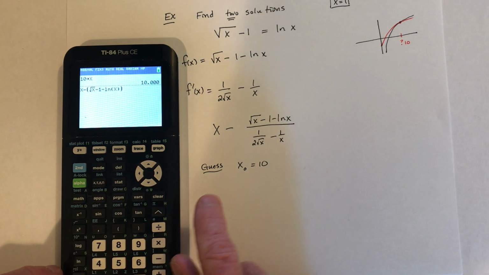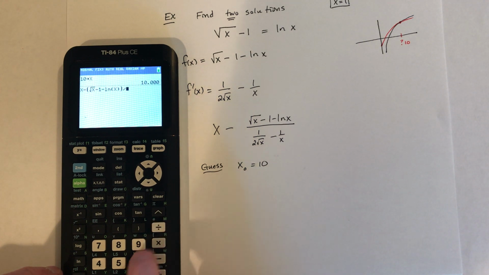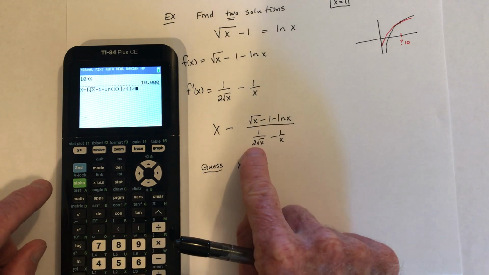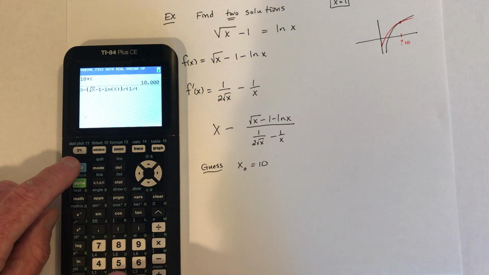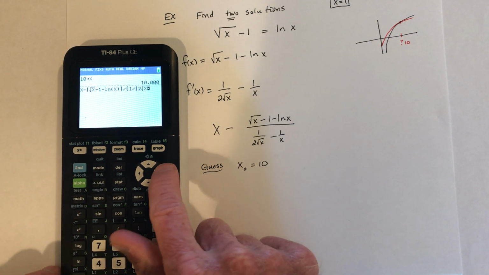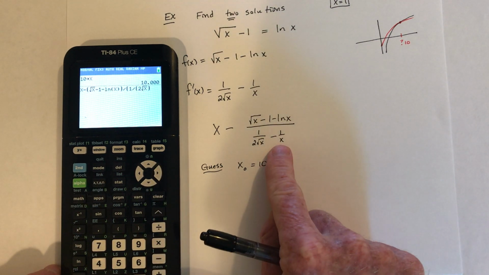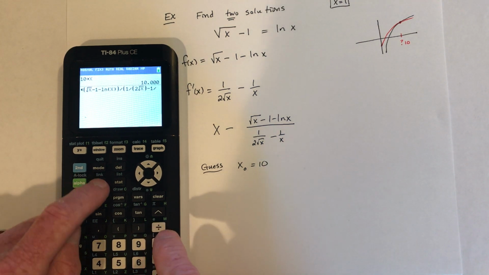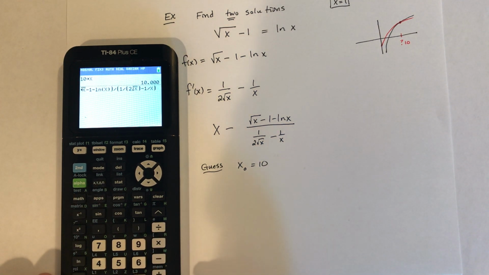So all of that numerator needs to be in parentheses, and then divided by, the denominator needs to be in parentheses, 1 divided by, and then this little guy right there needs parentheses, 2 and the square root of x, and then minus a 1 over x. And then close the parenthesis.